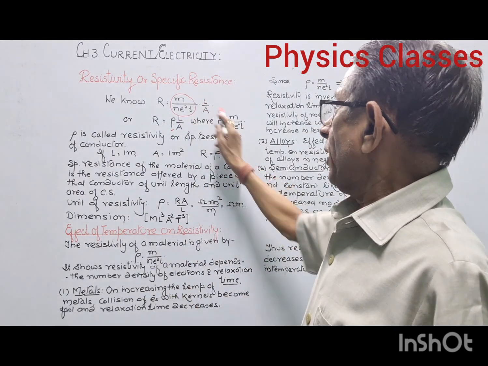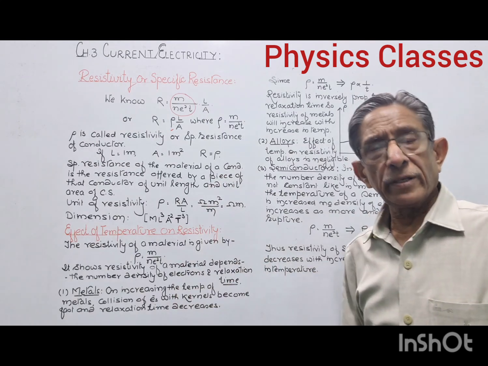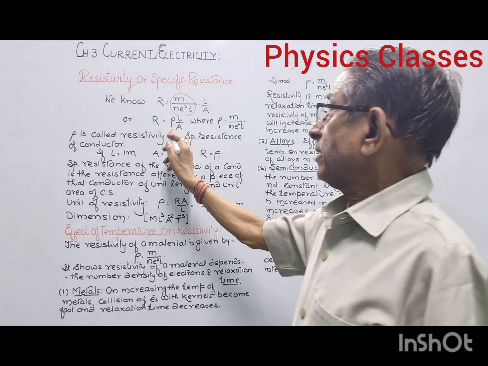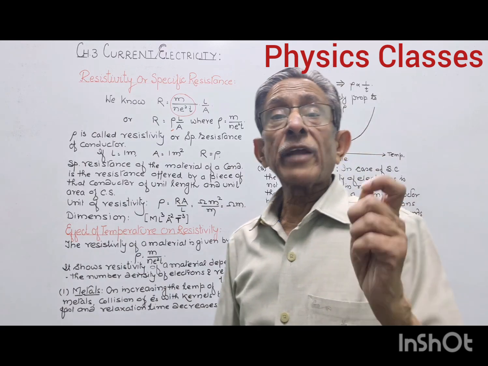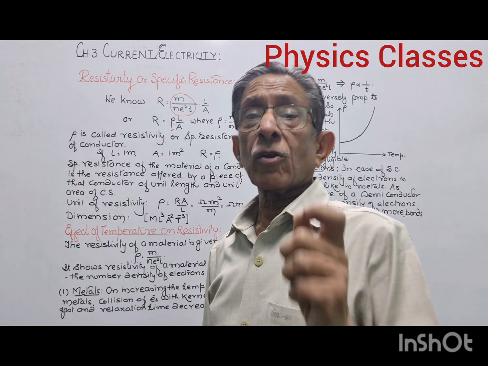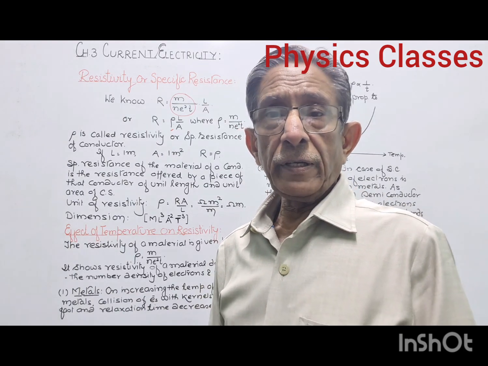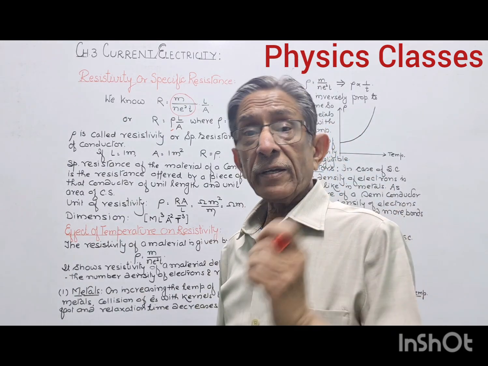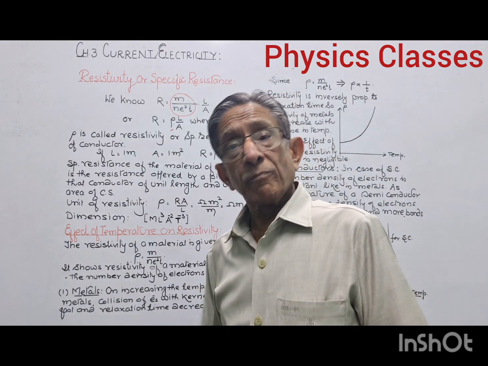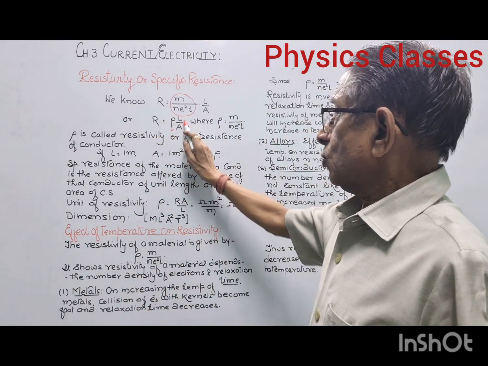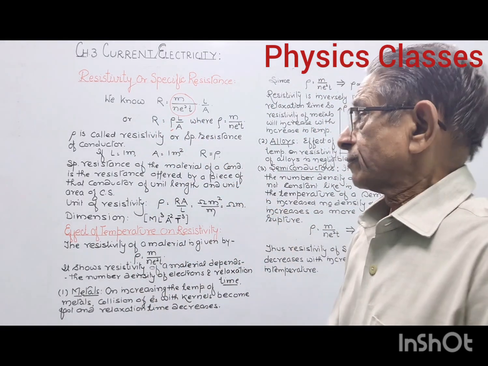Rho is equal to m upon n e square tau. Rho is called the specific resistance or resistivity of the material of the conductor. So R is equal to rho L upon A.